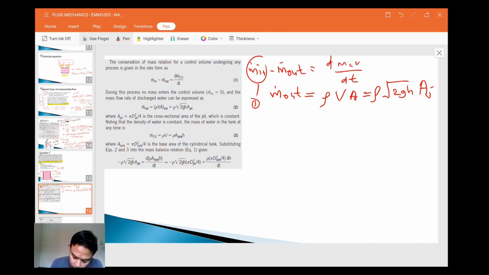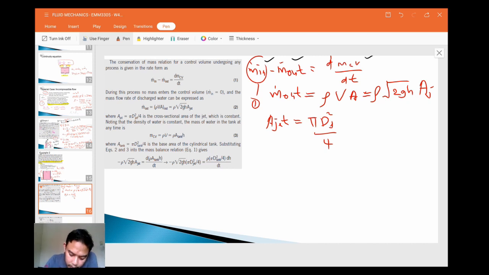So from here we need to calculate the A jet. Based on this formula, A jet is equal to pi d square jet divided by 4. Okay, this one is done, the next is this one.